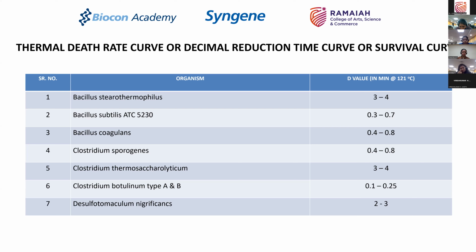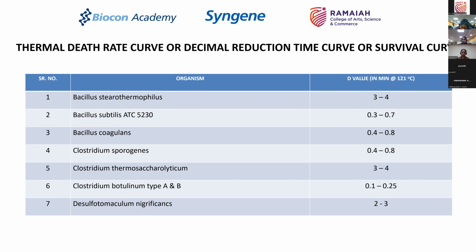And that is what you need to study as microbiologists, if there are microbiologists in the room, to say that if I had a particular flora in my environment or in my load, and if I want to kill it, what is the D value of that organism? First of all, I should know. If I know the D value of the organism, then I can say my initial load is so much, my final load is a reduction criterion of 10 to the power of 6, and if I want to do that, then this is the minimum cycle time I need to run theoretically.